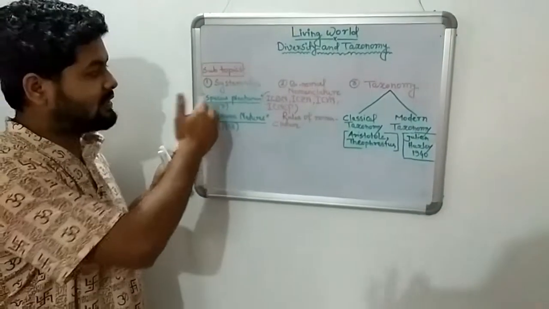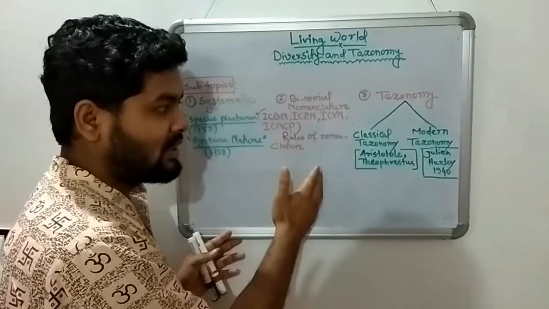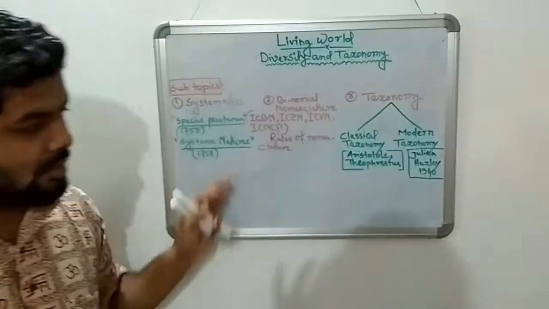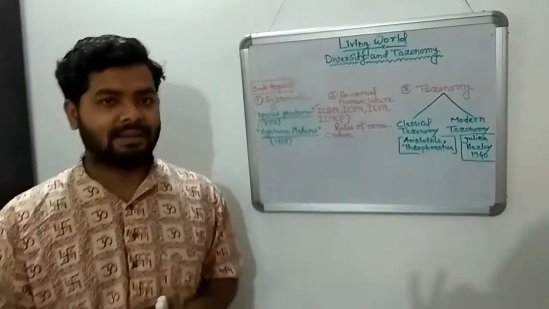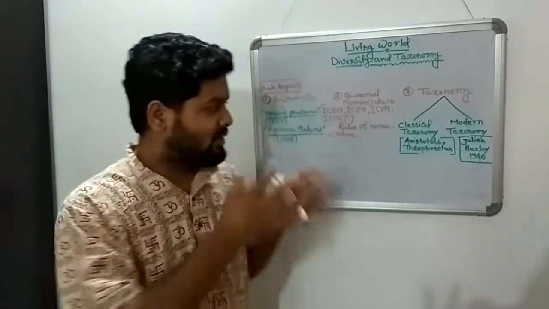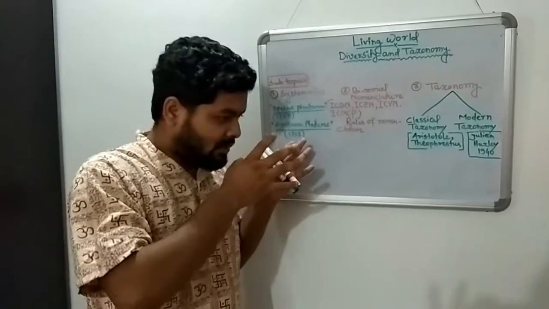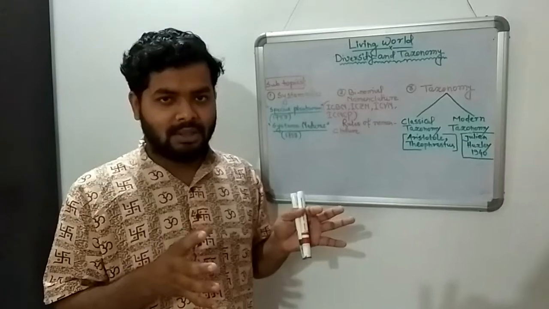So we will discuss systematics, binomial nomenclature and taxonomy from this chapter, which you have already studied in class 9. So you are all well aware of this topic, but for this class we will discuss these topics more elaborately.